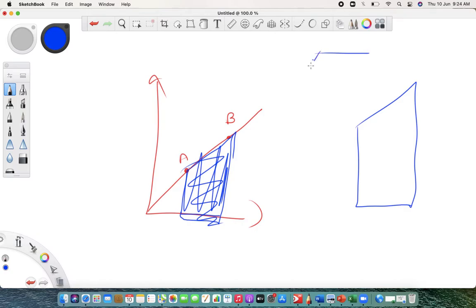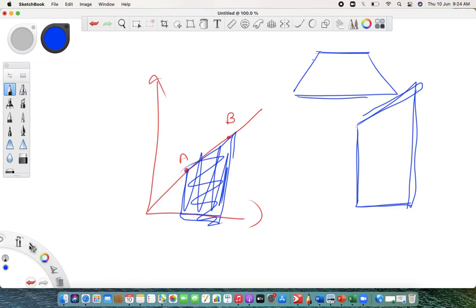You know, a trapezium looks like this. A trapezium has one pair of parallel sides. This is also having parallel sides, and the other two sides are not equal. So yes, fine, this can be a trapezium.